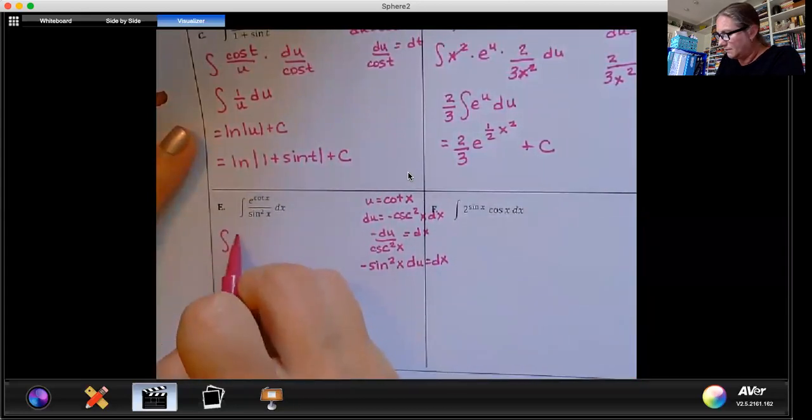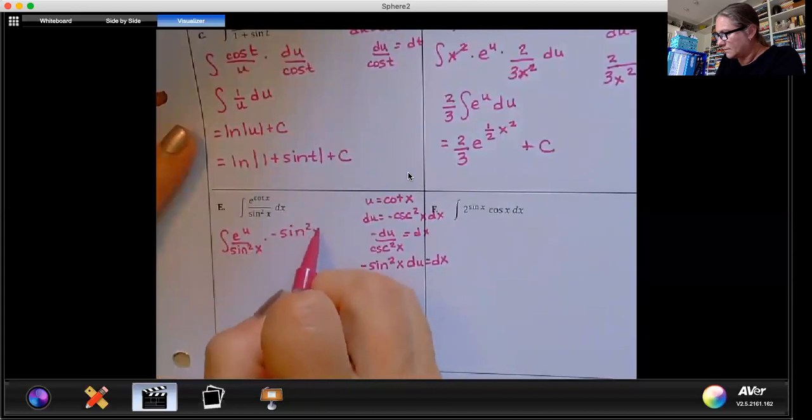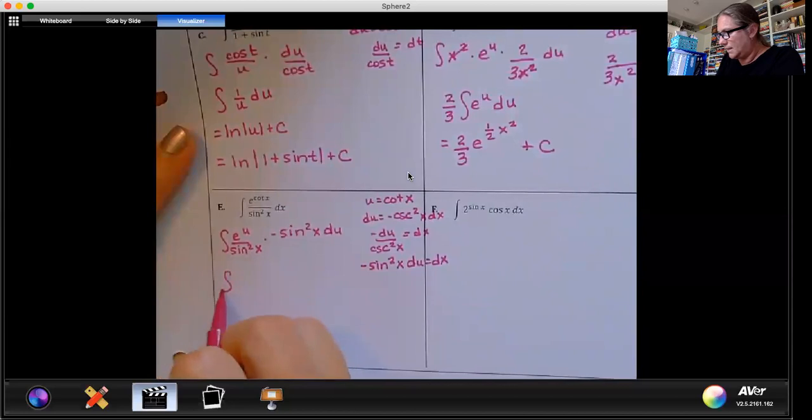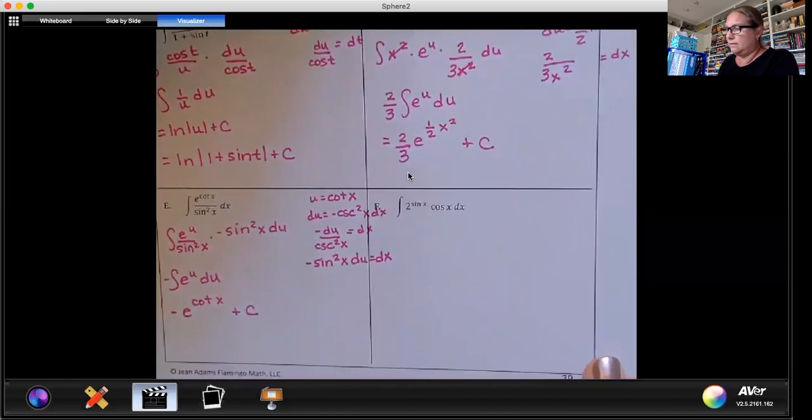So the antiderivative of e to the u over sine squared x times negative sine squared x du is the negative antiderivative of e to the u du, which is negative e to the u plus c.